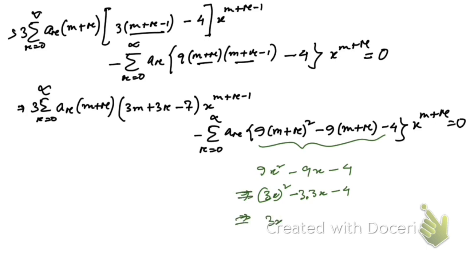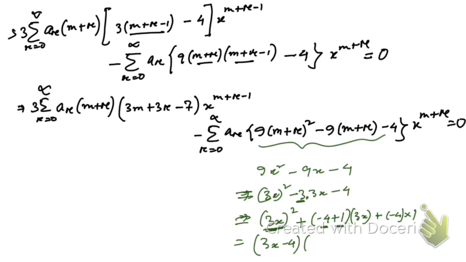Okay, thrice x square minus this 3 can be written as plus minus 4 plus 1 into thrice x, then plus minus 4 into 1. So if you factorize this, then what are you gonna have? Thrice x minus 4 into thrice x plus 1.